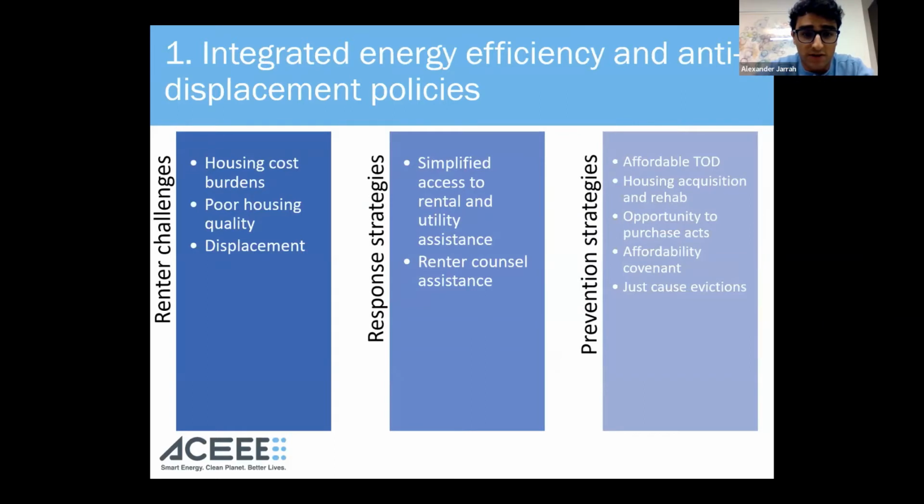So the first section, integrated energy efficiency and anti-displacement policies. The framework in this section is essentially that renters have challenges that need to be addressed, including housing cost burdens, which includes rent burdens and energy burdens, poor housing quality, and displacement and eviction. So we separate the strategies into 2 buckets.